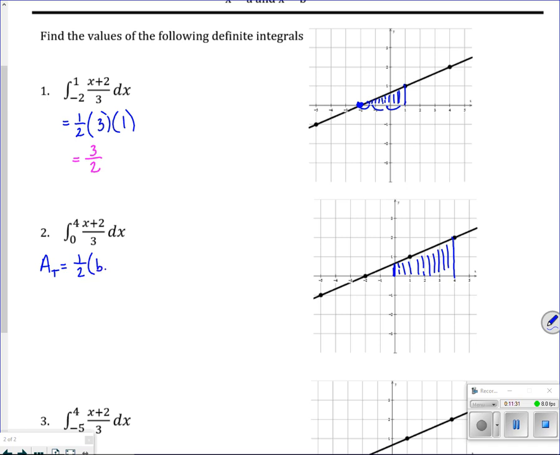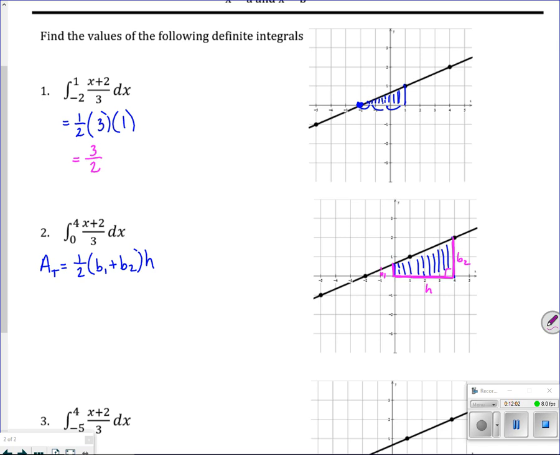It's the average of the bases. So 1/2 base 1 plus base 2 times the height. Now, what are the bases and what is the height? Remember, the trapezoid has two parallel sides. Those two are the bases, and then the height is the perpendicular to those bases. So this would be the height, and this would be base 1. Doesn't matter which one is base 1 and base 2, but those would be your bases.